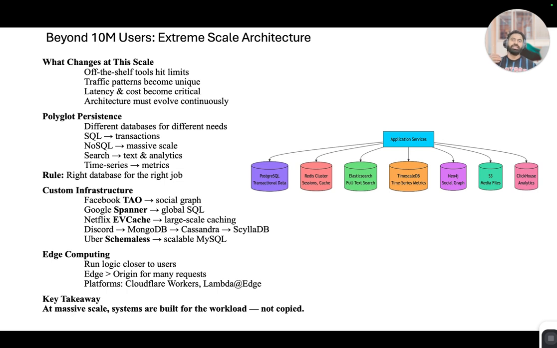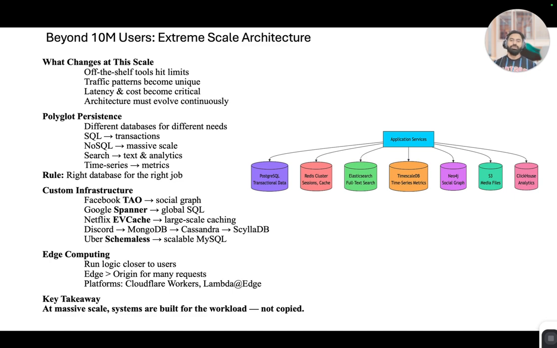The architecture that works at 1 million users will almost never work at 100 million users. So you have to evolve as the users increase, and there may be a chance that you have to add a custom design. That is what product companies do. They build components as per the use case or requirement. So systems evolve constantly, right?